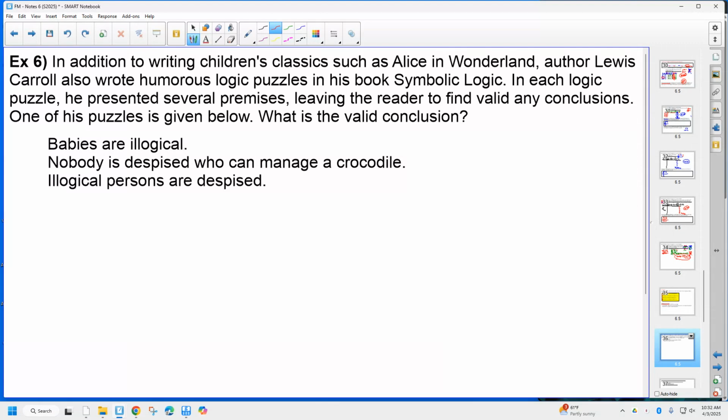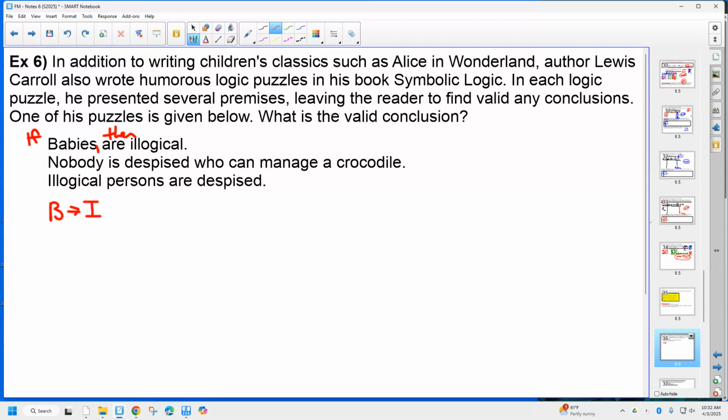All right. So babies are illogical. It would probably make more sense to think of it as an if-then statement. If it's a baby, then it's illogical. Okay. Nobody is despised who can manage a crocodile.